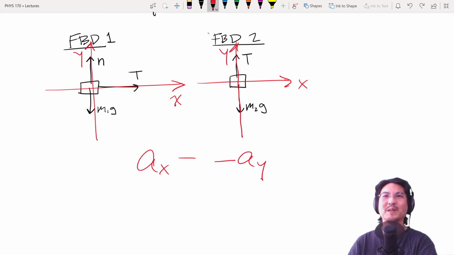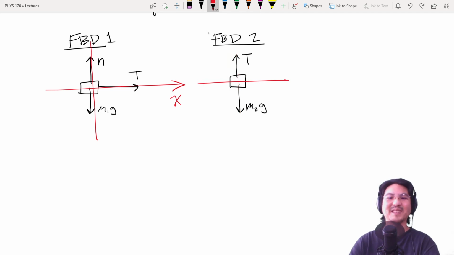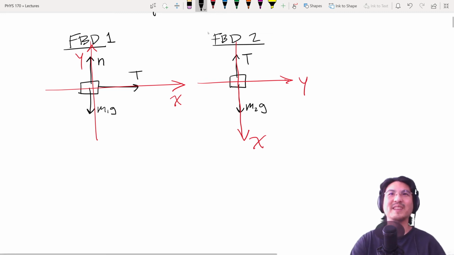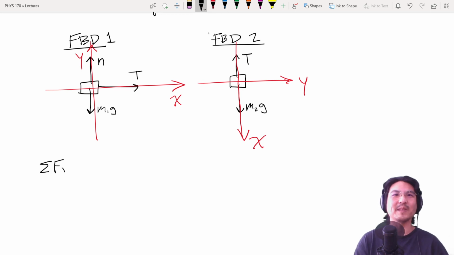But I will forget about the minus sign, and I'm going to mix up X and Y. So my personal preference is, I'm just going to name them both going in the positive x direction. You can do whichever you feel comfortable with. There's no wrong choice.